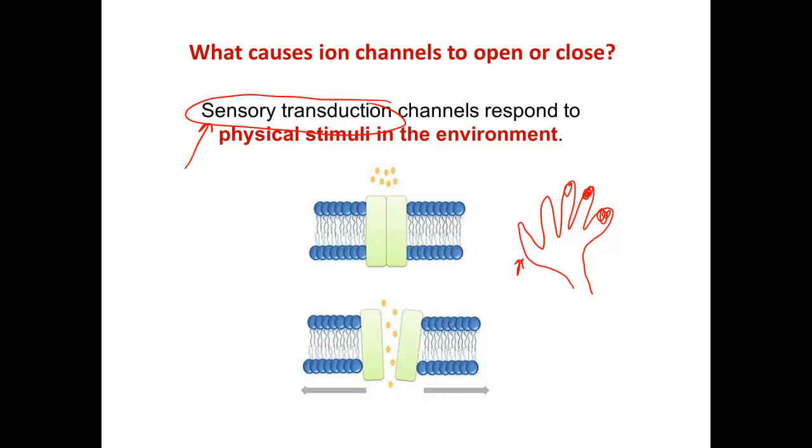And it literally can, that tension pulling on the channel can cause that stretch sensitive channel to open up, which would allow the ions to move through that open channel.